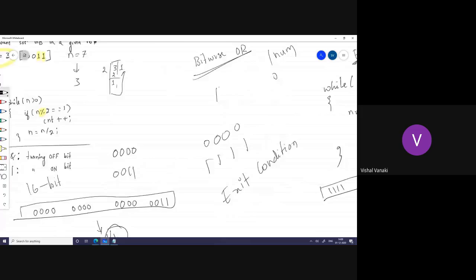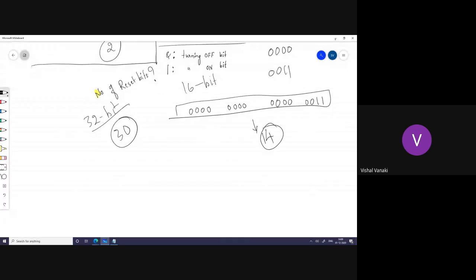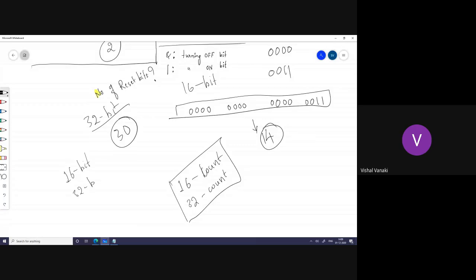So what we can do is go with a simple approach. You can do 16 minus the number of set bits, or you can do 32 minus the number of set bits. This way, one way it is possible. Yes, that is possible. But the concern is which compiler it is. Is it a 16-bit or 32-bit compiler? I don't know.